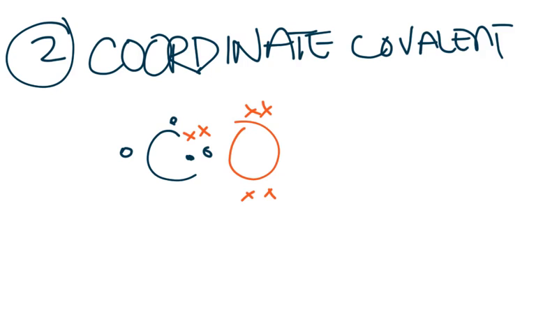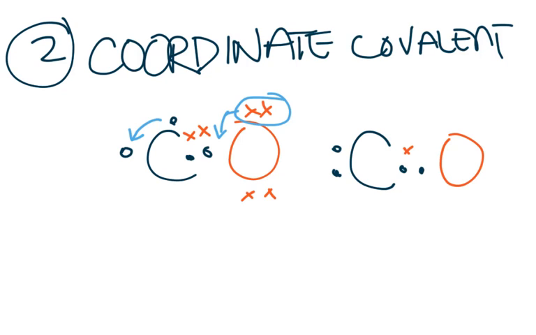I don't have any more singles from oxygen that I can actually move in there. Okay? There's no way to do the bonding the way we have. So something very strange happens here. This guy will come over and pair up with this guy, and these two will actually go down into the middle here. So what we end up with is a very special kind of triple bond. Okay, here's my carbon, here's my oxygen, where part of the bond is made up just with things from oxygen.